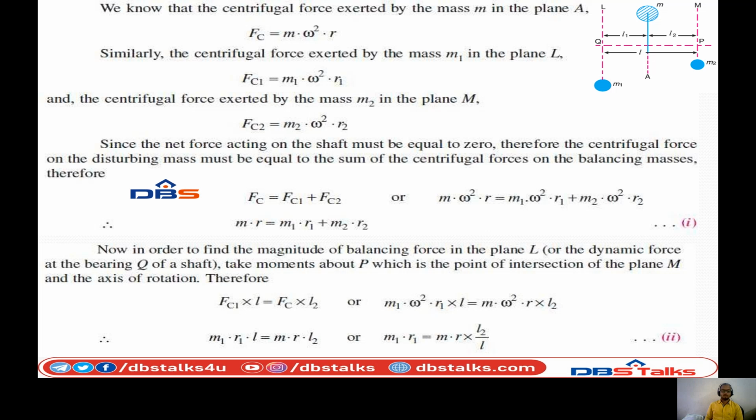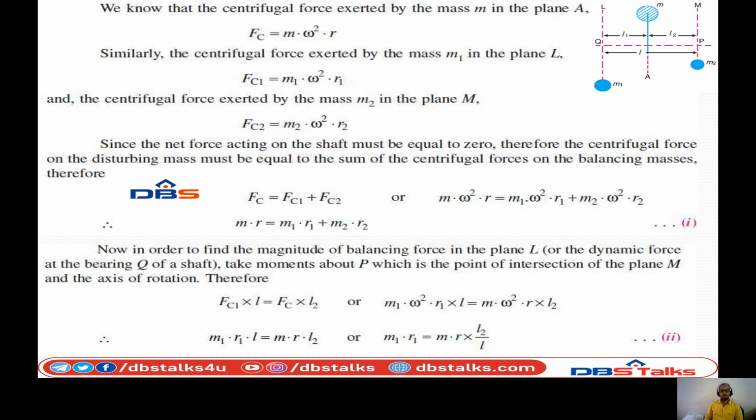Therefore Fc1 into L is equal to Fc into L2, or M1R1L equal to MRL2. So M1R1 is equal to MRL2 by L. This is the second equation.